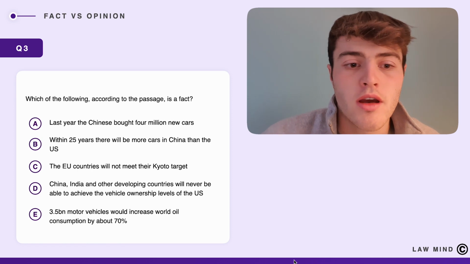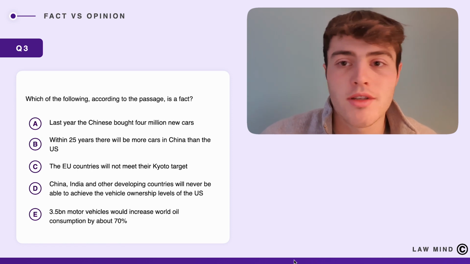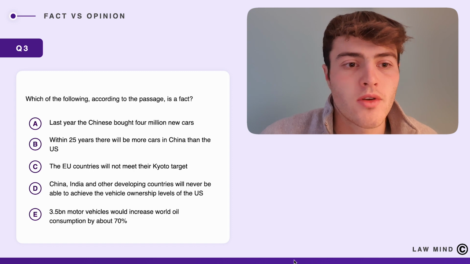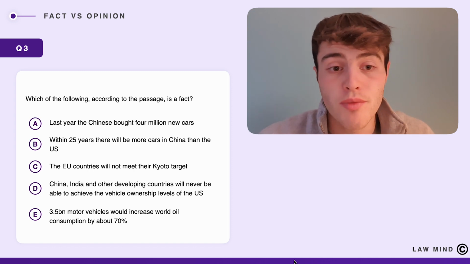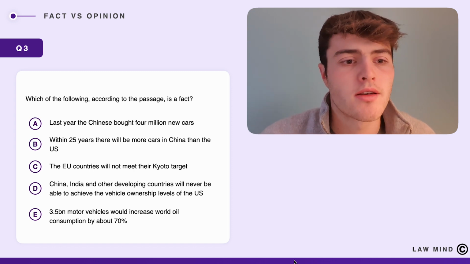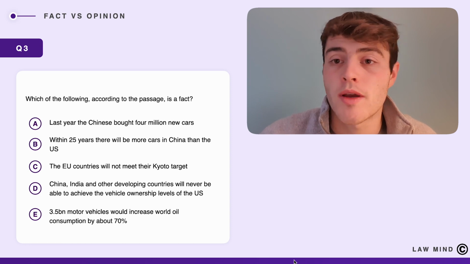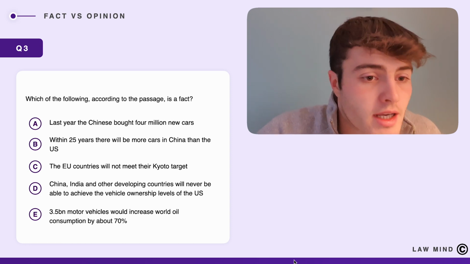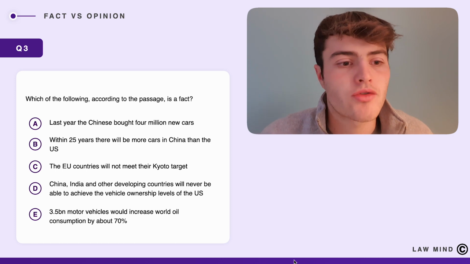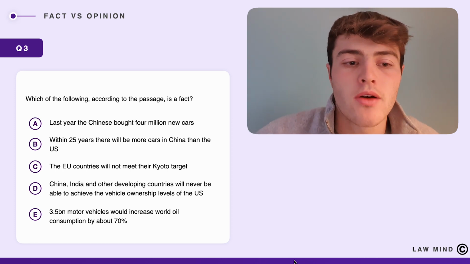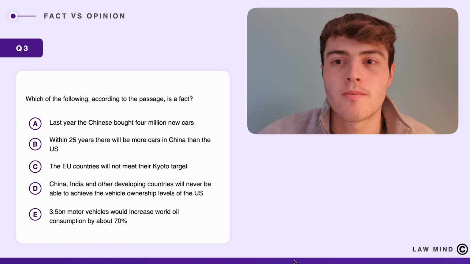options suggest either countries or statistics. Option A talks about China. Option B also talks about China and the US. Option C talks about EU countries. Option D, China, India, and other developing countries. And option E talks about 3.5 billion motor vehicles.